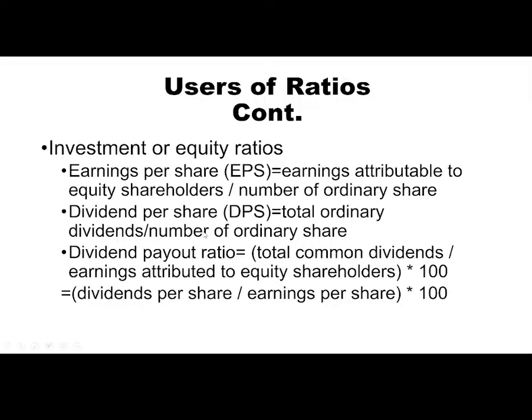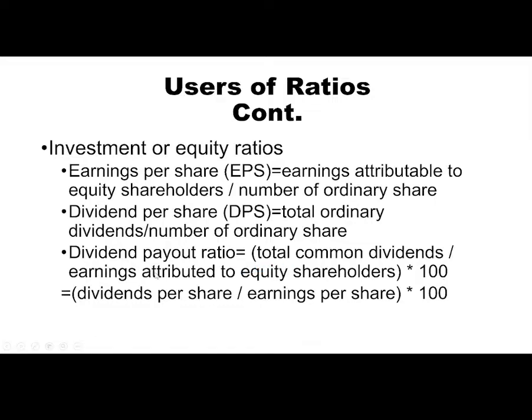You have the dividend payout ratio. This one indicates the proportion of earnings attributable to equity shareholders that are paid out to common shareholders as dividends. It is used to analyze the dividend policy of a firm. So the total common dividends, you have to divide it by the earnings attributable to equity shareholders, and the result you multiply by 100.